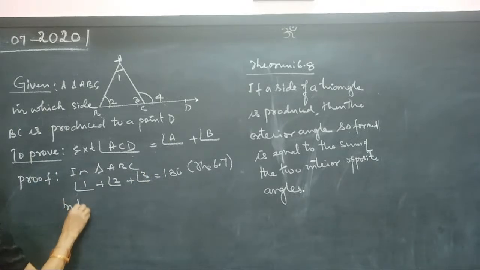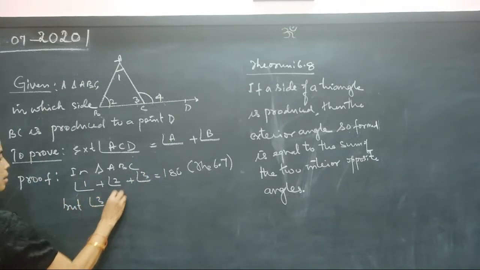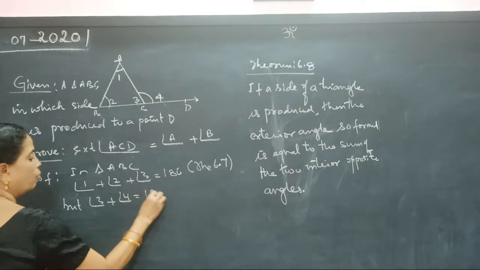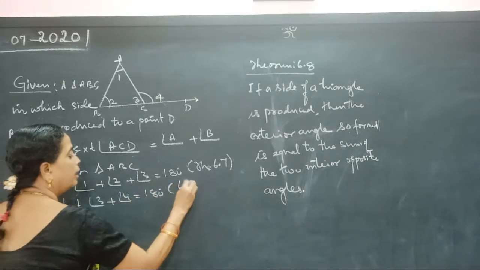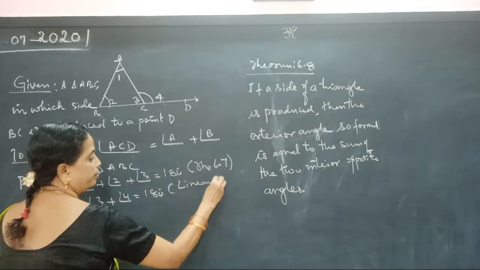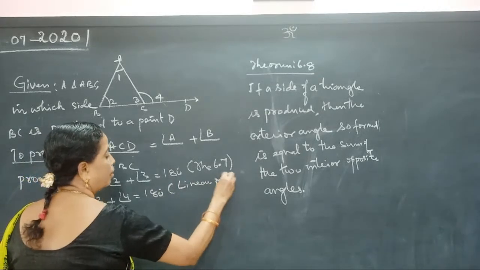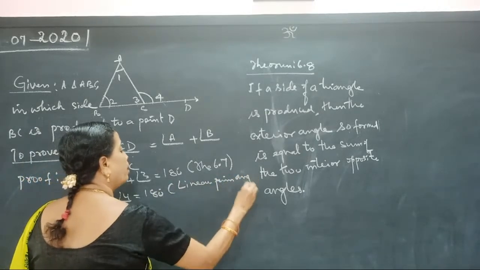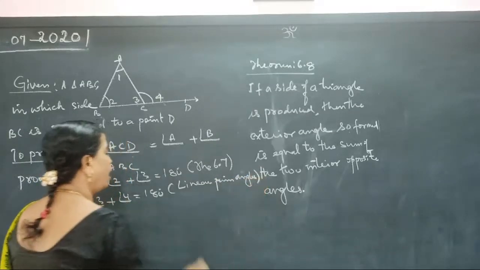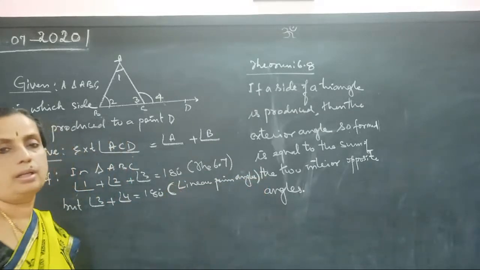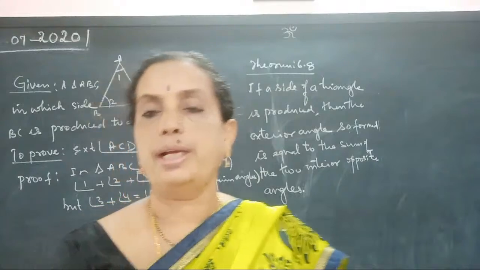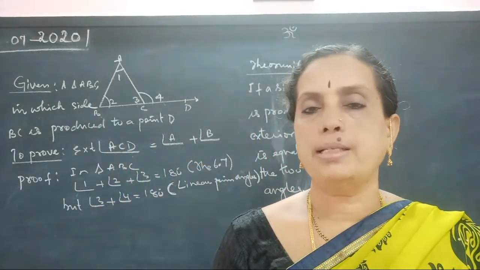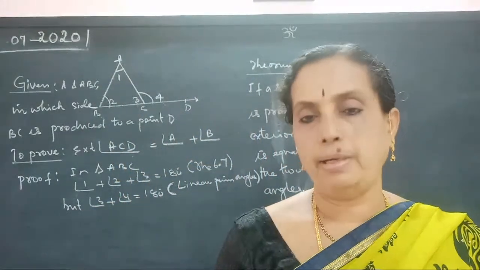But angle 3 plus angle 4 equals 180 degree, linear pair angles. You can also mention it as axiom 6.1. If a ray stands on a straight line, the sum of the adjacent angles is supplementary.